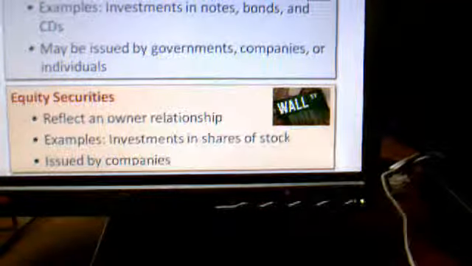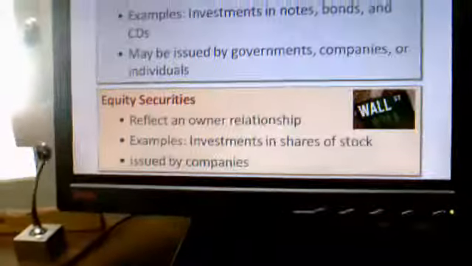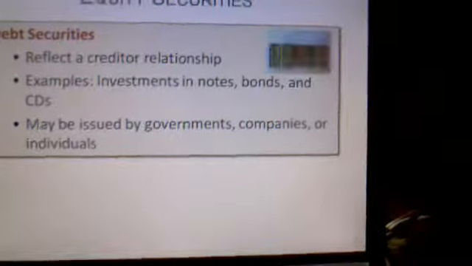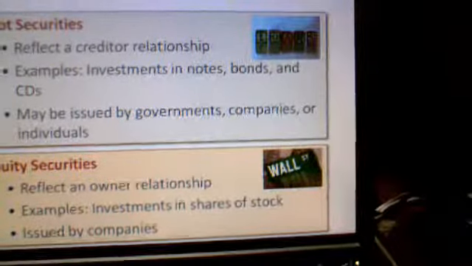When you get into debt securities versus equity securities, the big thing to remember there, and this is slide number 5, I think, is debt securities have more to do with a debtor-creditor relationship, and so just want to keep that in mind. Equity securities is more an investment type vehicle for the company. It reflects ownership into another company.